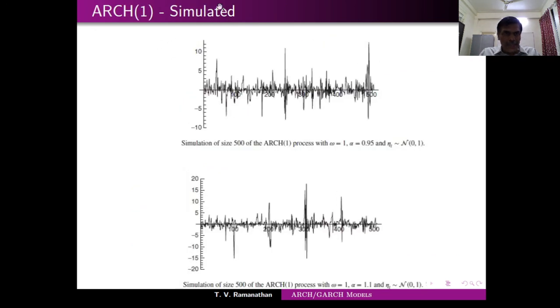You can see that this is a simulated ARCH 1 model, a simulation of size 500 with omega equal to 1. This omega stands for alpha naught in our notation. And alpha equal to 0.95, eta t is zt, normal 0, 1. You can see that these spikes are where the volatility happens. That means if it is a return, suddenly the return goes very high, the return goes very low.